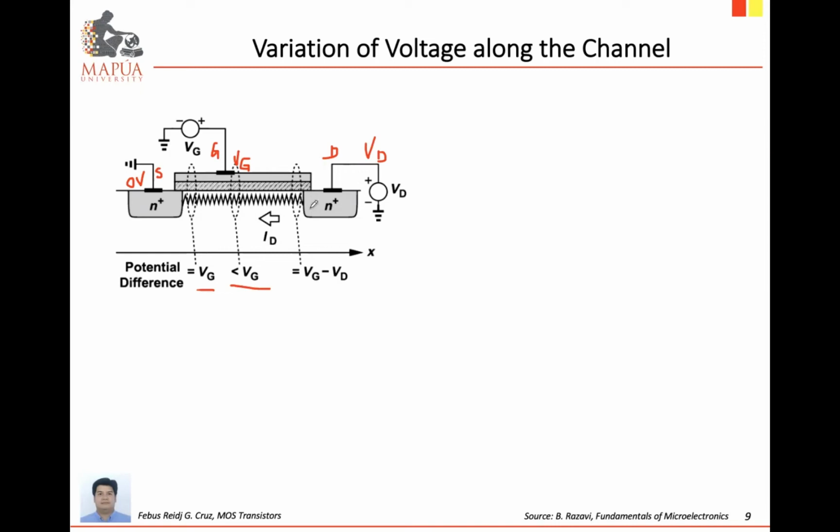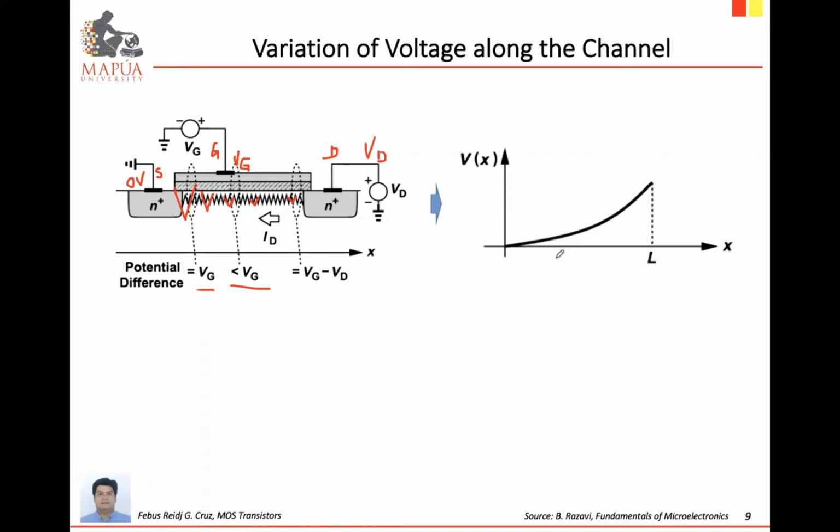So we expect that the voltage along the channel near the drain will become smallest. In this example, the voltage here would be larger, and as we travel through the channel, the voltage becomes smaller and smaller as we near the drain terminal. All right, is this clear to everybody? Yes po, sir. All right, so the concept here is that the voltage along the channel is not constant.